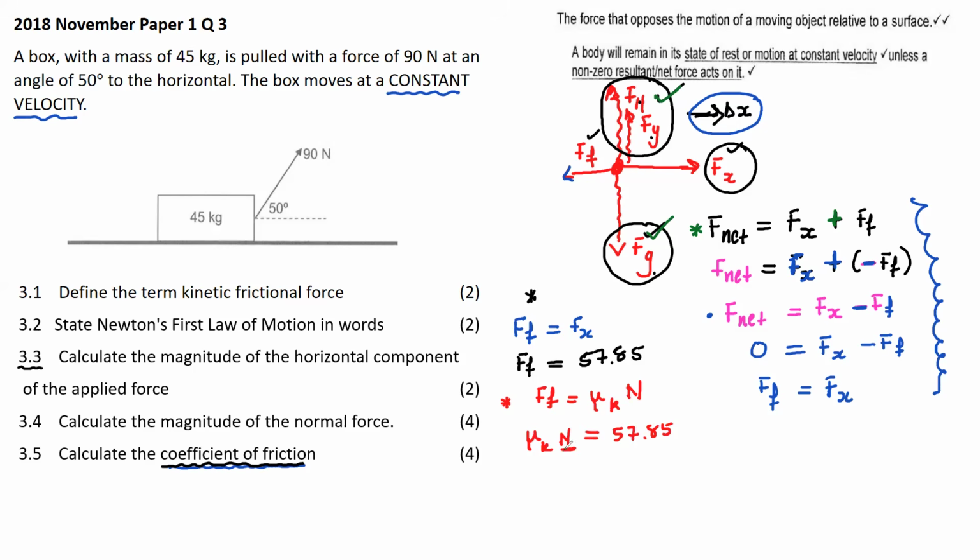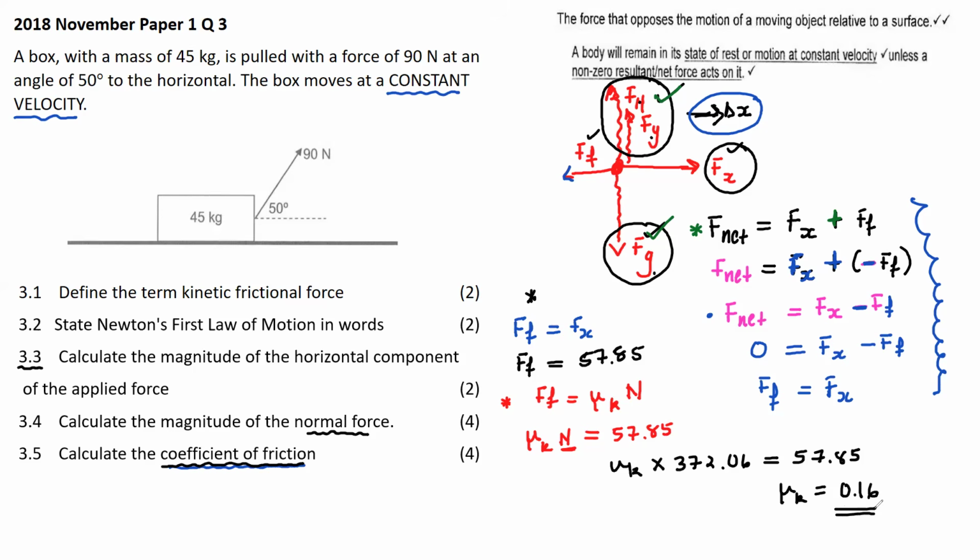But I know the normal force. I did calculate it in 3.4. So mu k multiplied by the normal force, 372.06, will be equal to 57.85. And if you divide both sides by 372.06, the mu k ends up as 0.16.